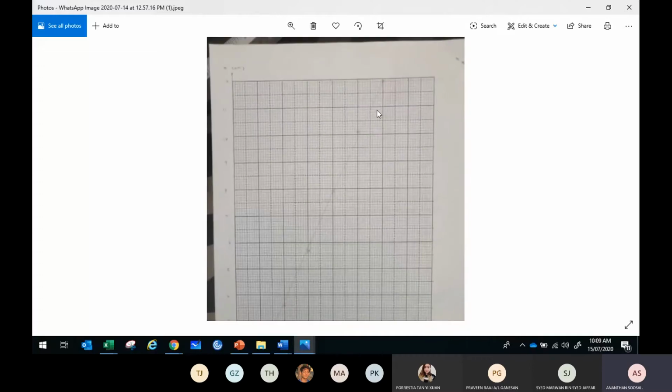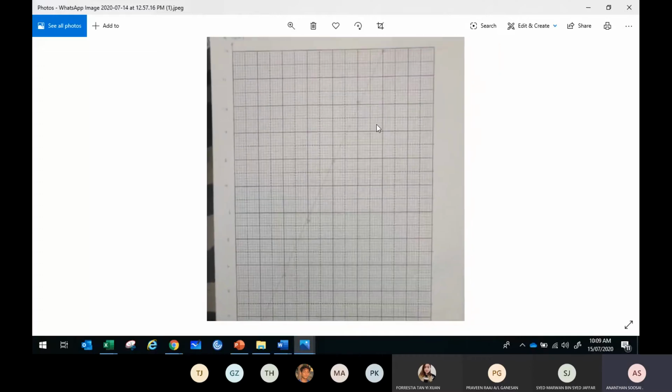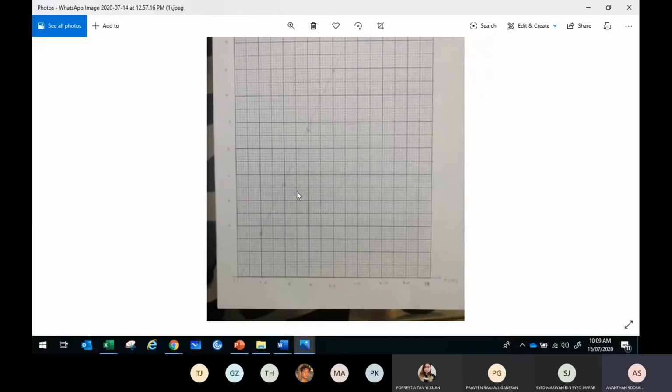And the cross, your best fit line. They're going to check 1 point up, 1 point down. 2 points down, 1 point up, accepted. 3 points down, 1 point up, not accepted. If you have points down and up, the difference in the number of points must be 1.